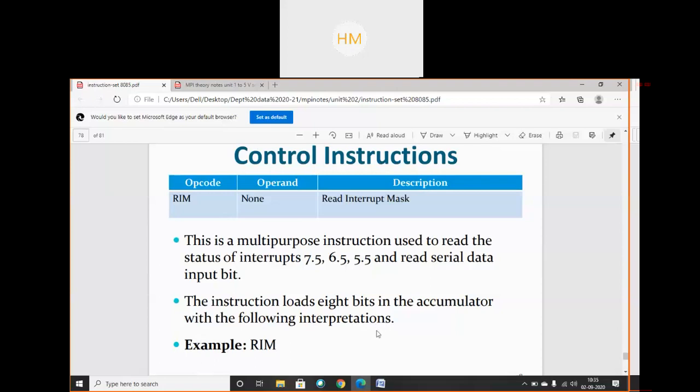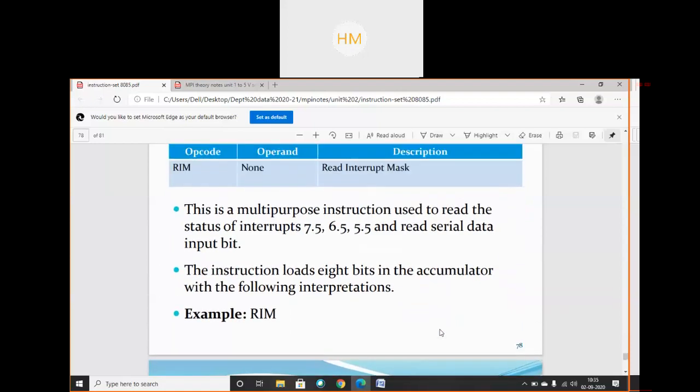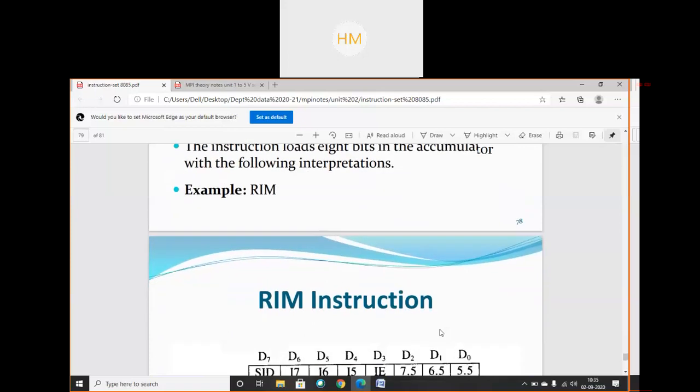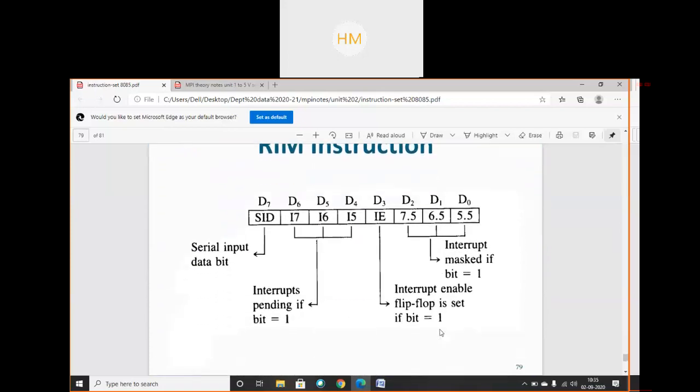Whenever I want to enable or disable the interrupts, set, reset, or change the order of priority, I have to use the RIM instruction. You have to write RIM, and before that you have to set all this 8-bit flip-flop data. So what does it show? Draw in your copy the RIM instruction and draw its 8-bit data structure.